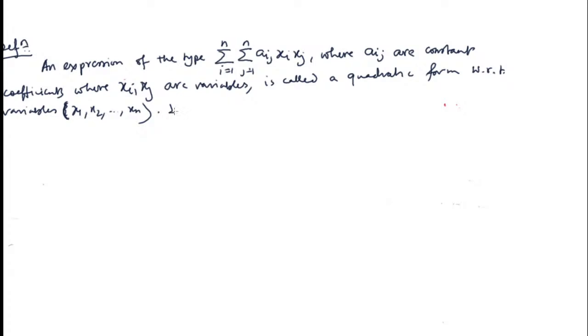It is denoted by Q(x curl). Here x curl is a vector of Rn whose components are x1, x2, xn.